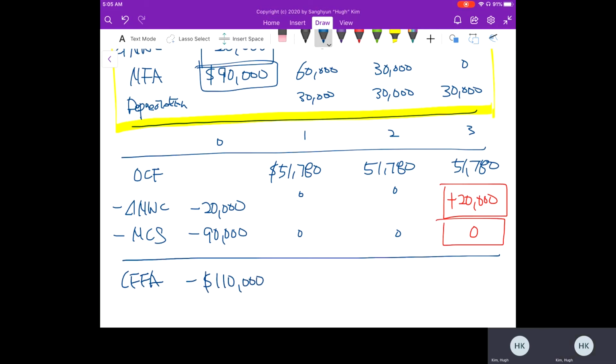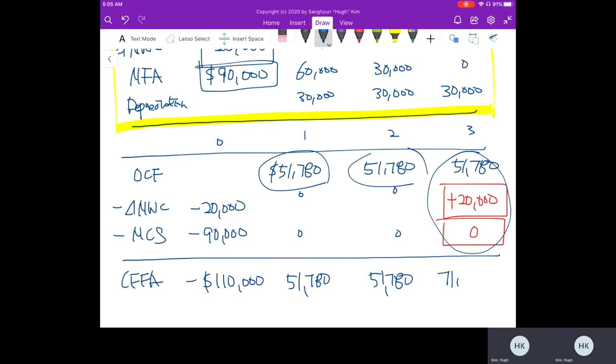And afterwards, there's only OCF, 51,780, 51,780, and then for year 3, the cash flow from asset is $71,780. So these are the cash flows for the proposed investment project.